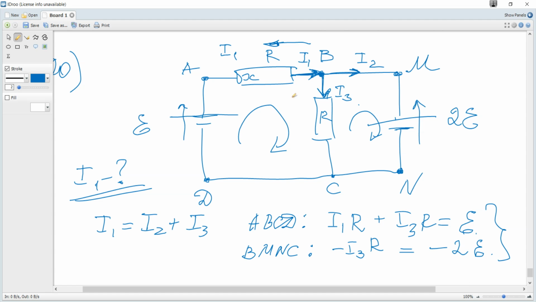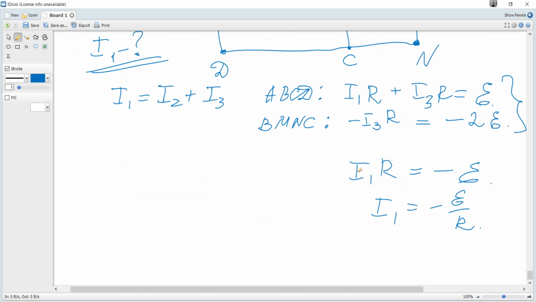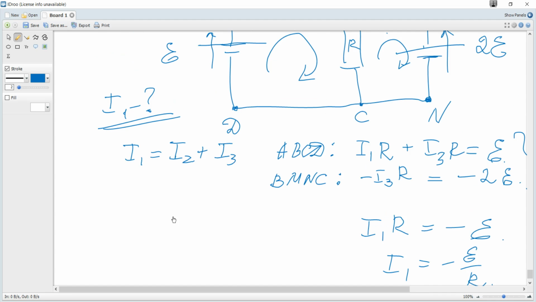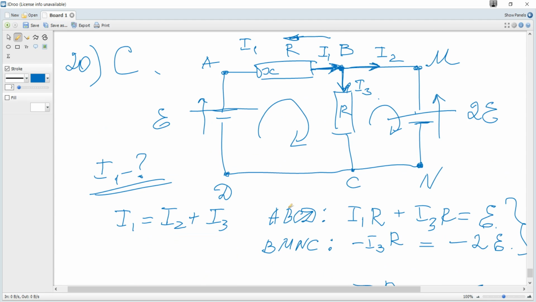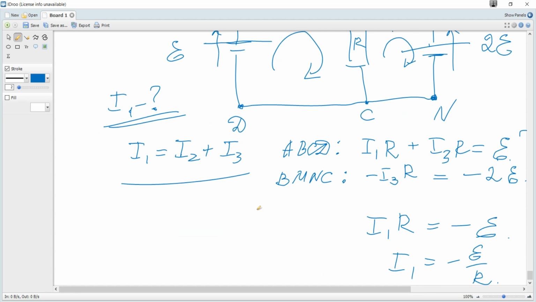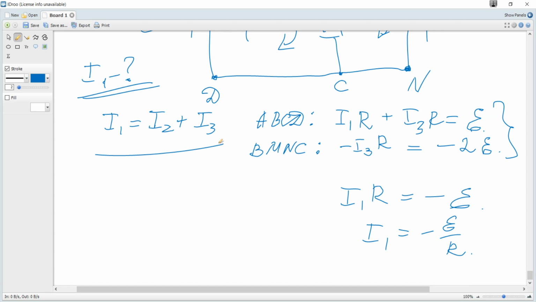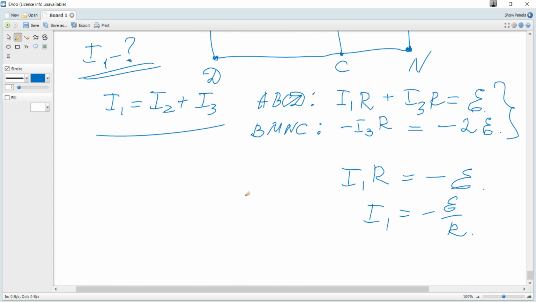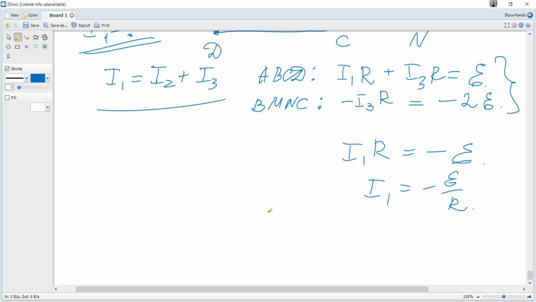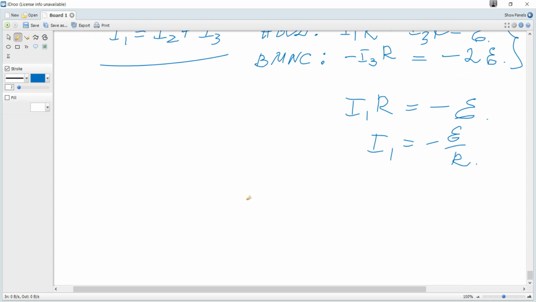So the actual current through X is to the left, not to the right. But by magnitude it's E over R. 20 C. It's correct. And you can see that it's not necessary here, but in general, you also need to consider simultaneous equations of 3 equations.